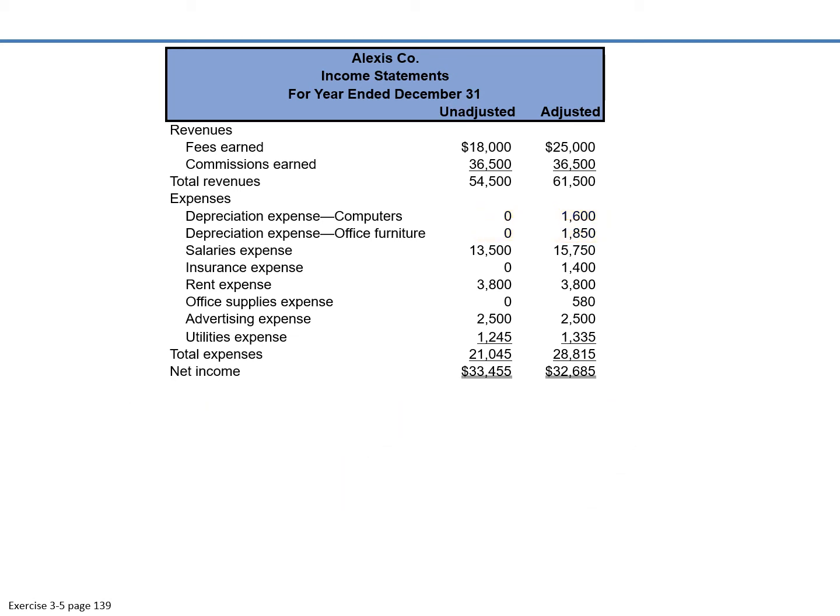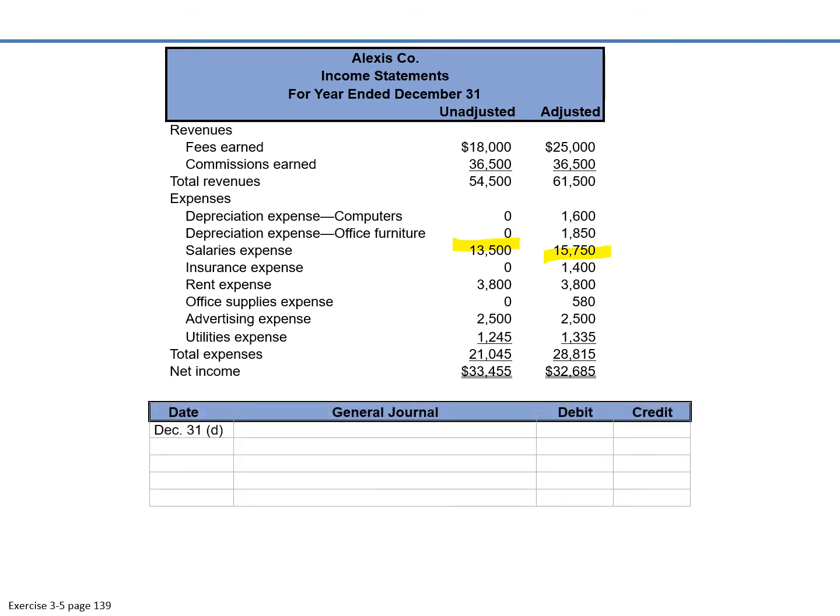So we've done our fees earned, commissions earned didn't change, and depreciation expense we've handled. It looks like our salaries expense went from 13,500 to 15,750, so we must have accrued some additional salary expense. To increase salary expense we debit, so we would have debited salary expense for 2,250, and the other side would have been to salaries payable for 2,250.